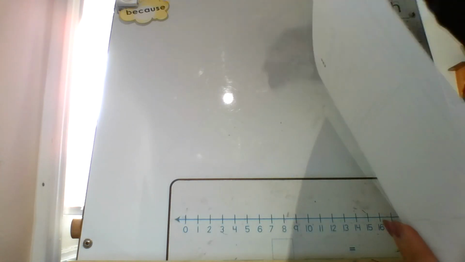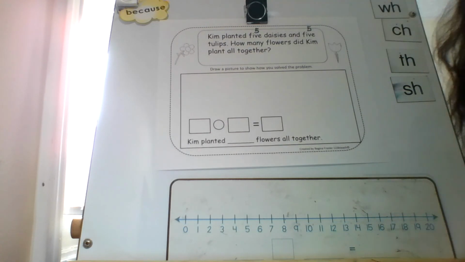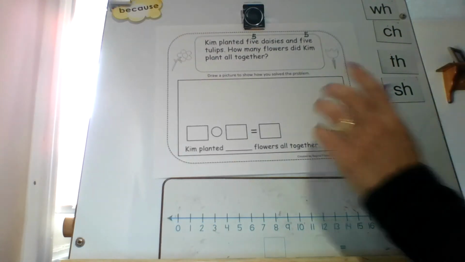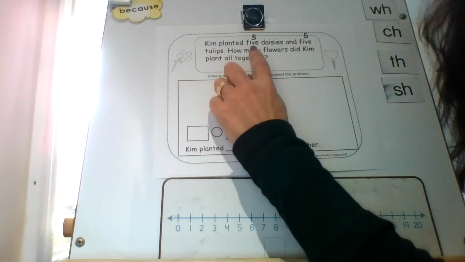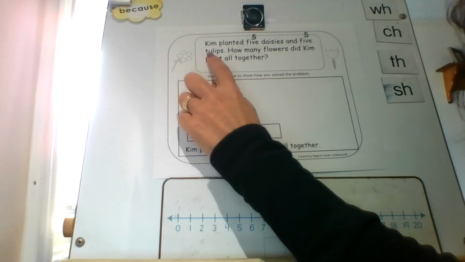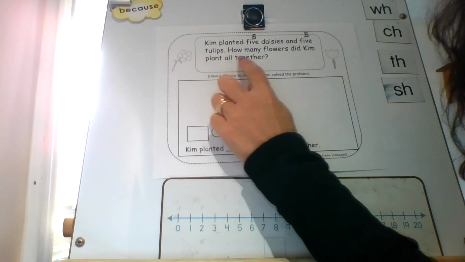And this one is about flowers. So this says, Kim planted 5 daisies and 5 tulips. How many flowers did Kim plant all together?